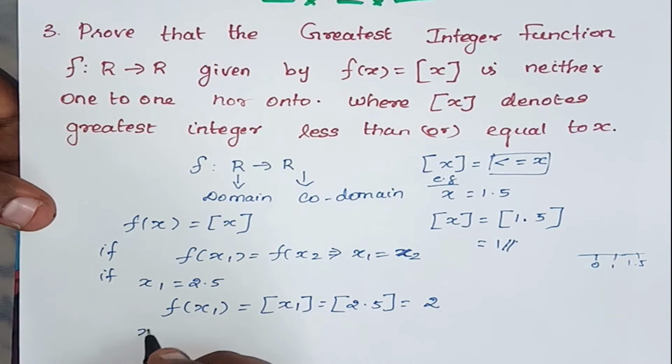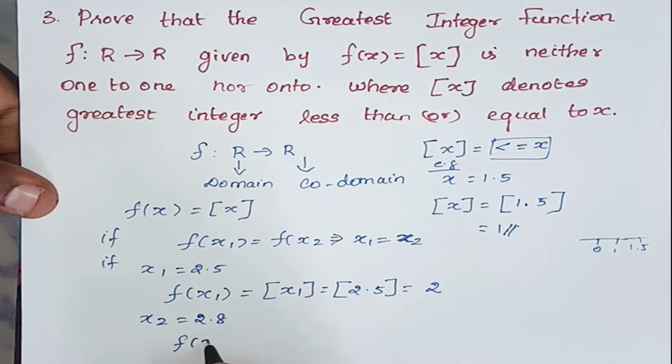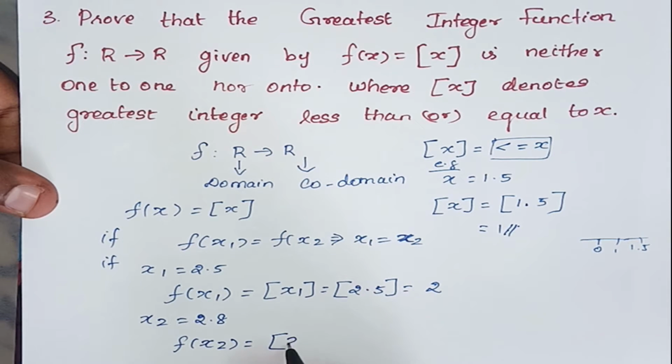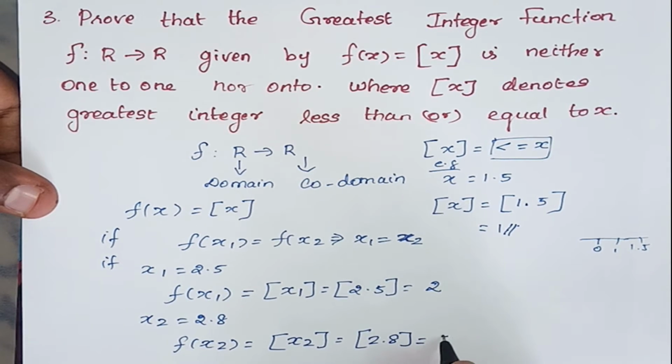So 2. If I am taking x2 equal to 2.8, f of x2 is nothing but the square bracket of 2.8. The nearest integer is 2 only, because we need to take the integer only, not the decimal numbers. So it is 2.